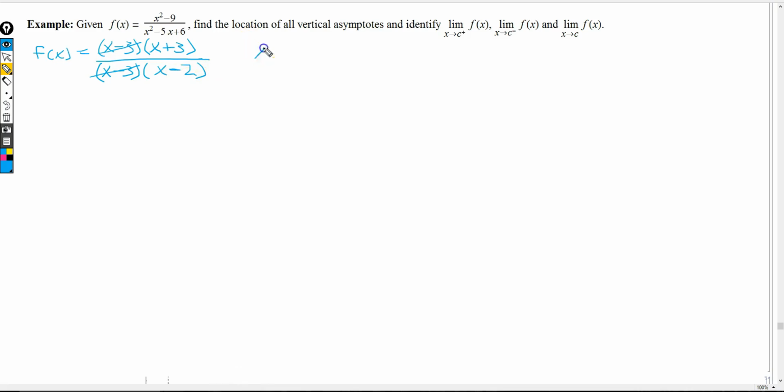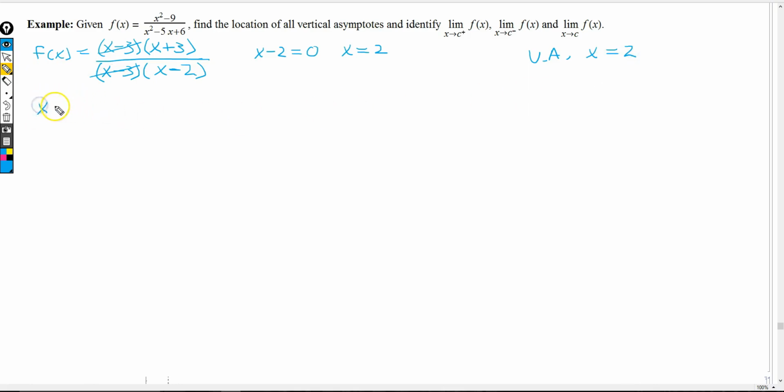Now, of course, if we set x minus 2 equal to 0, we get back x equaling 2. And that is going to be our vertical asymptote. And let's analyze it a little bit further.